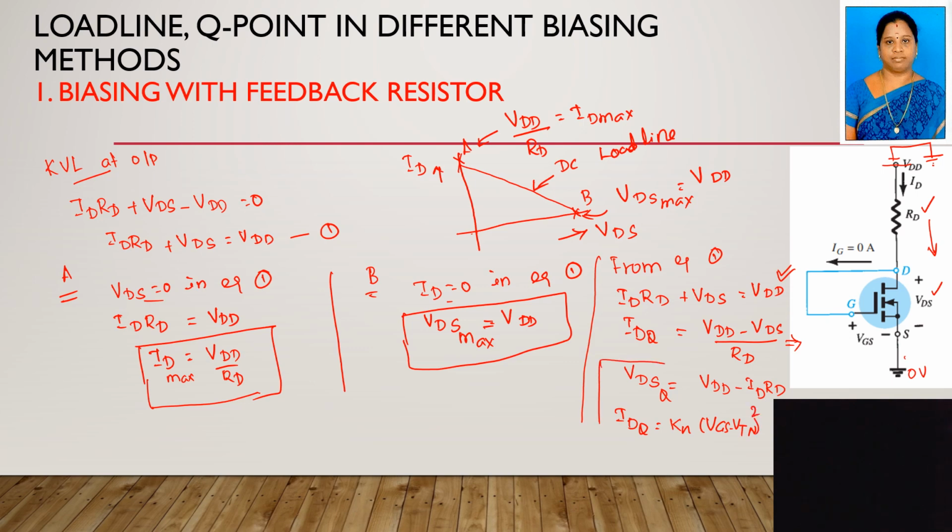If you use these two equations, you can easily find the Q point value. Q point is always located at the center of the DC load line. From this current equation, you can find out IDQ. After finding out the IDQ, if you use this equation, you will find what is VDSQ. I hope everyone understands this biasing with feedback resistance.